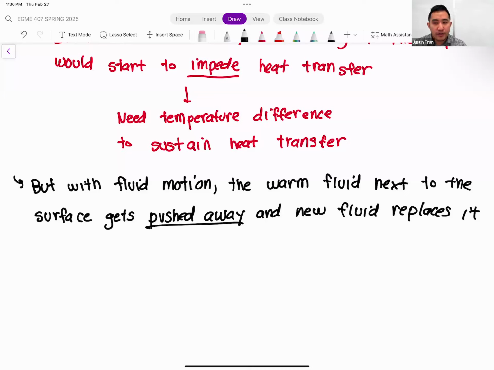And so this effect of always pushing fresh fluid and maintaining this large temperature difference between the surface and the fluid, this is what we perceive as convection. And that's why it always provides an enhancement over pure conduction.